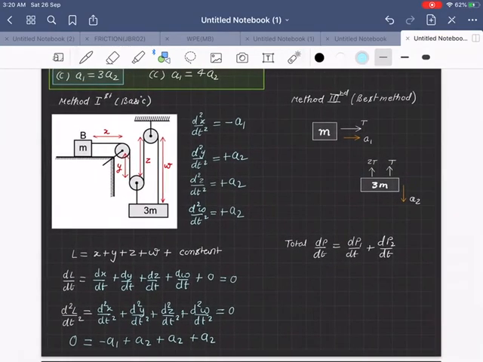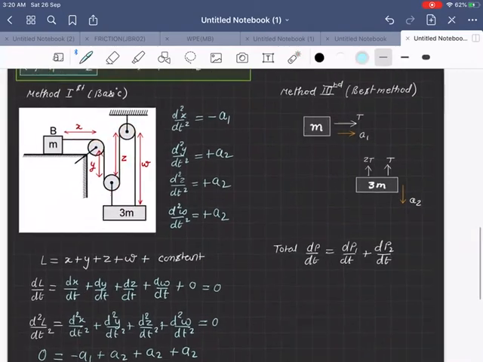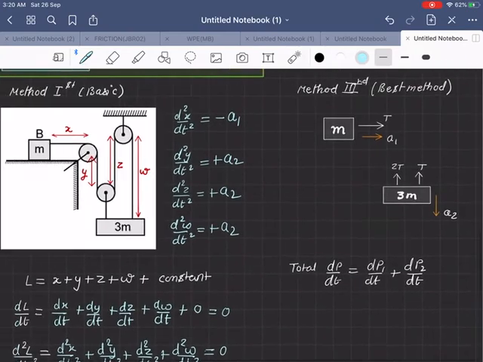Now method 2, oh no, we can't apply method 2. Why? Because it has not just one string, it has two strings. So the next thing is obviously method 3, the best method. Now method 3 will have to be adjusted a little bit because we don't have velocity here.